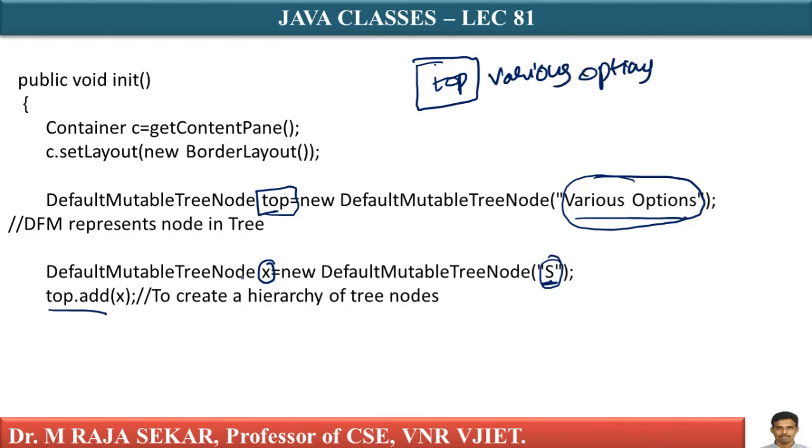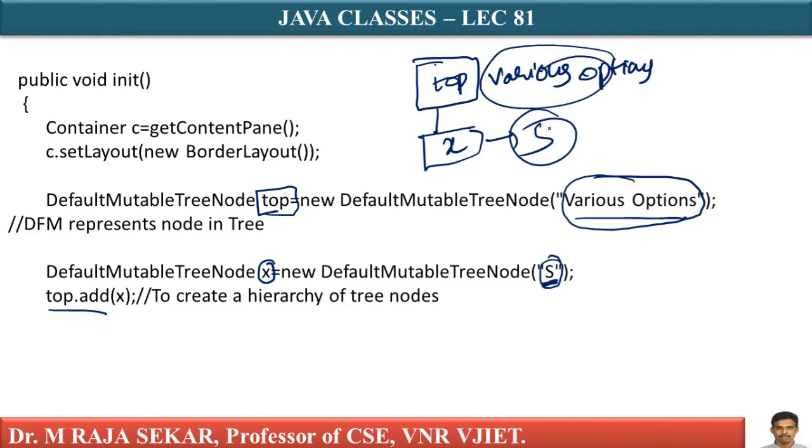X represents the name I am giving, S. With top.add(X), I am adding a subfolder, a child. Under various options, I am adding S.